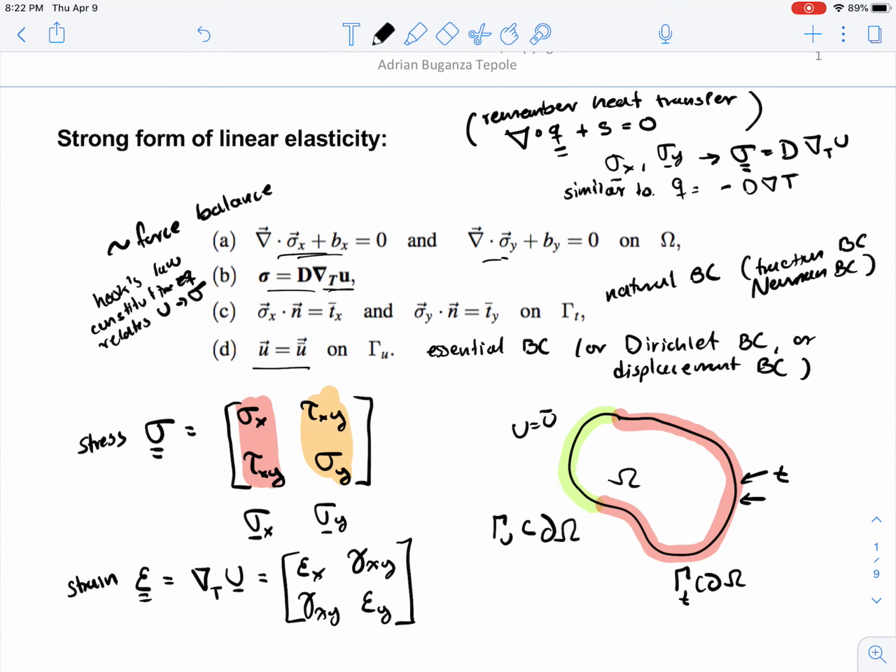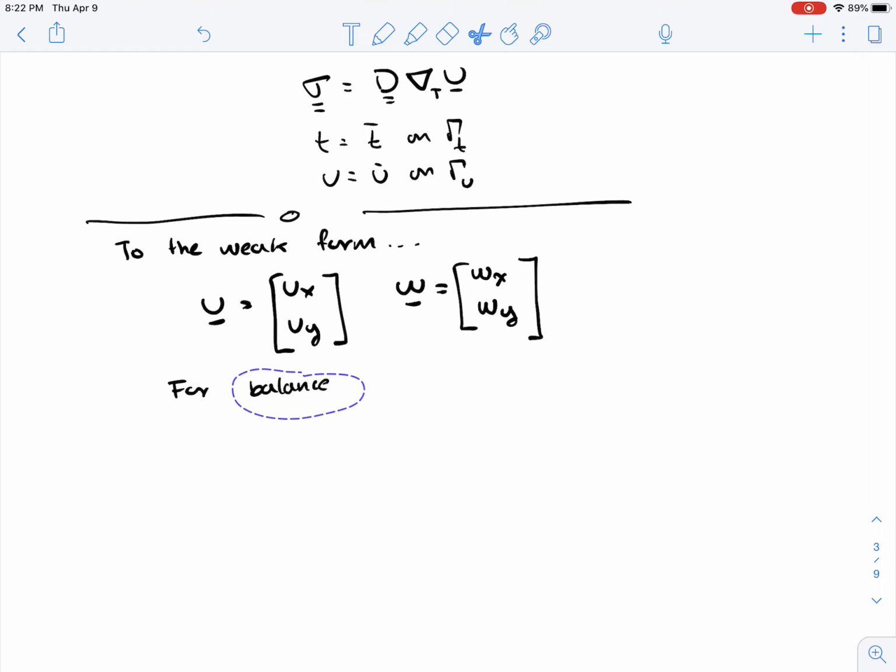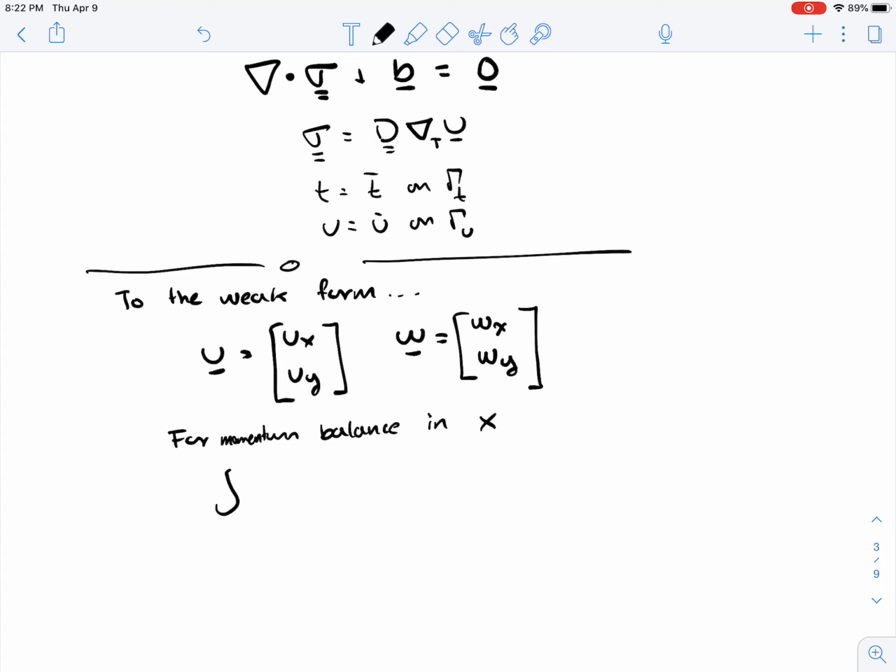So what you can do is, for momentum balance in x, you would have the integral of this times the weighting function.